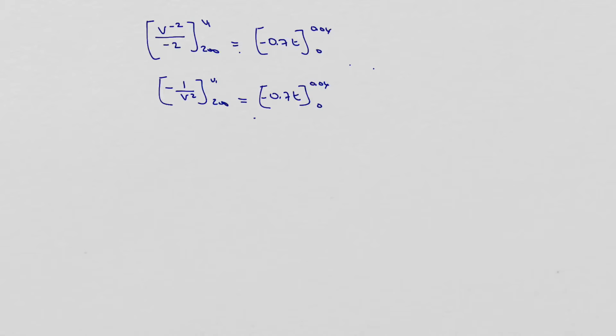Okay, so now I'm going to sub in v1. And of course, it's always upper limit minus lower limit. So it's going to be minus 1 over 200 squared is equal to minus 0.7 times 0.04. And then that's minus 0.